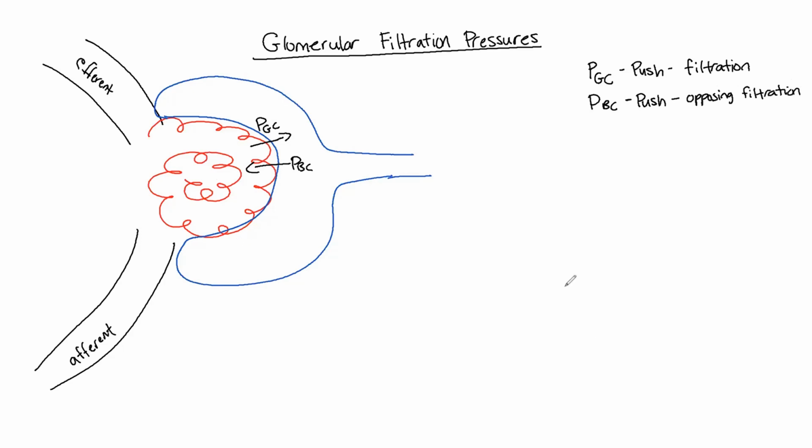Okay, let's look at our oncotic forces. Let's use another color here. So first we have our Bowman's capsule oncotic pressure. This is going to be moving in this direction.